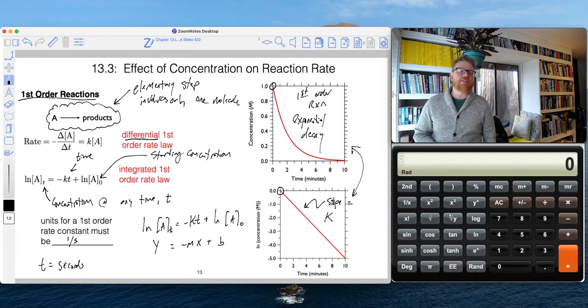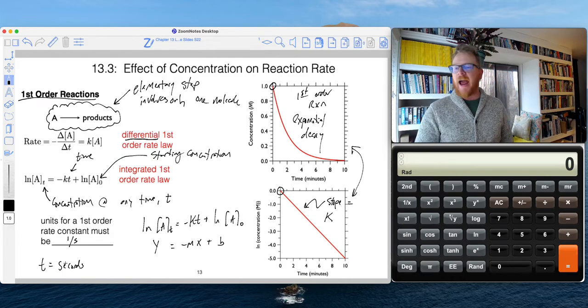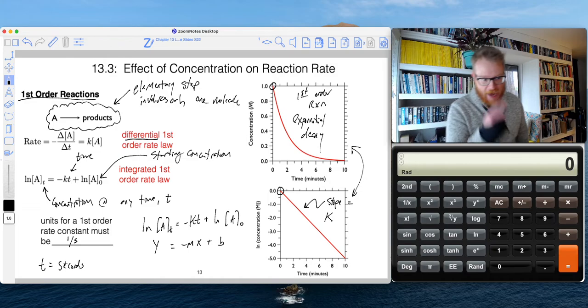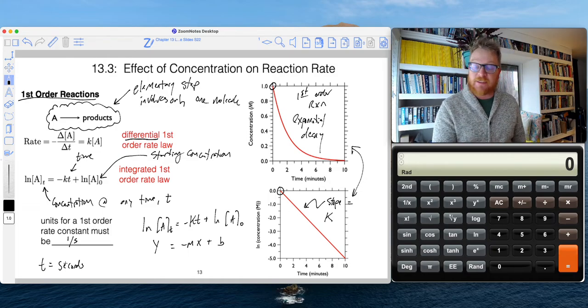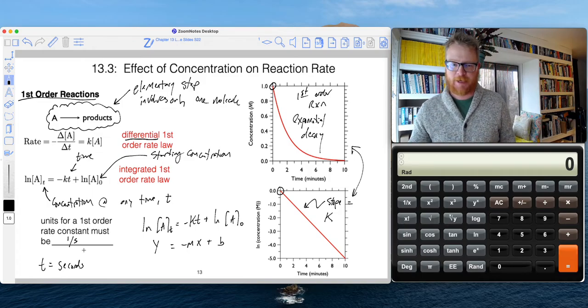And that makes good sense when you think about a first order reaction being a 1 molecule reaction. Its rate constant has units of frequency, right? This is 1 over second, which is a frequency unit. So we can think of this rate constant as the frequency at which this A molecule decays, okay?